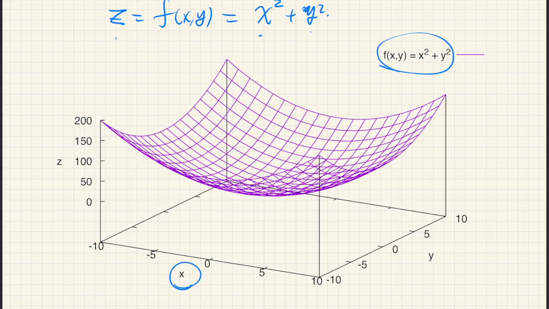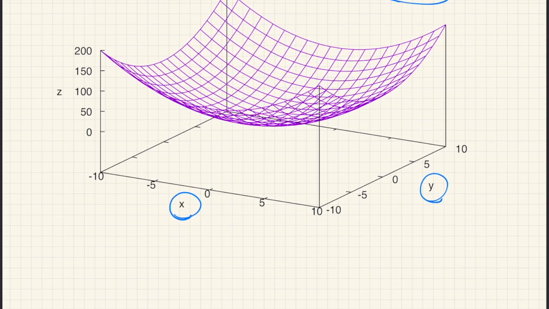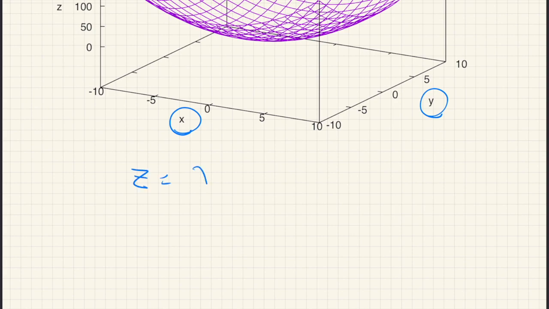Okay, here we have x and y. So if we fix the value of y, for example, to 0, then we can consider this function as a function of x alone. So let's fix y to 0. Then we have just z equal to x squared.